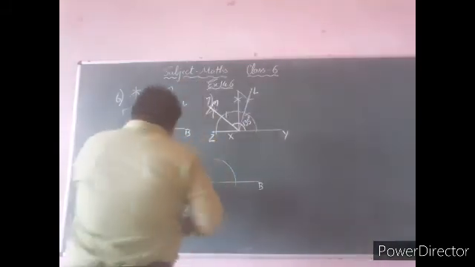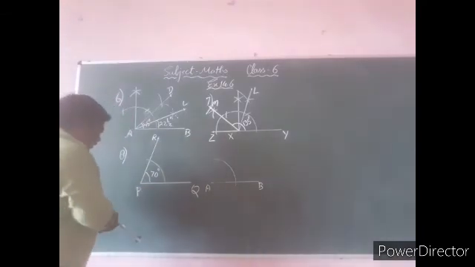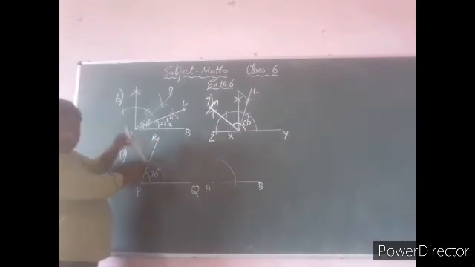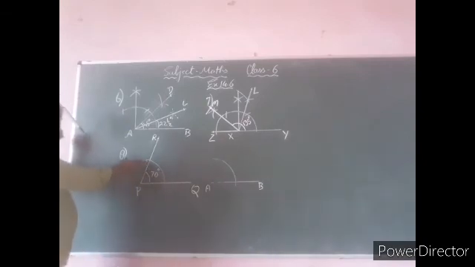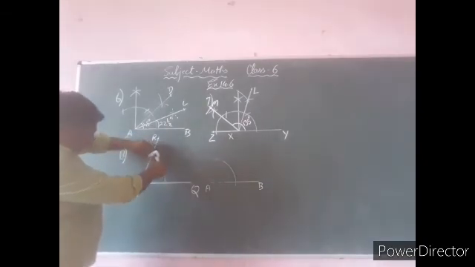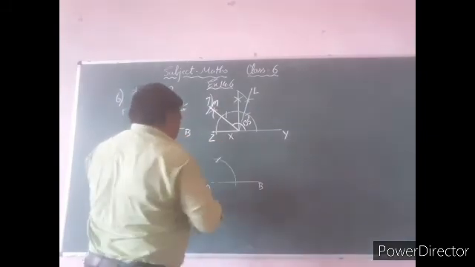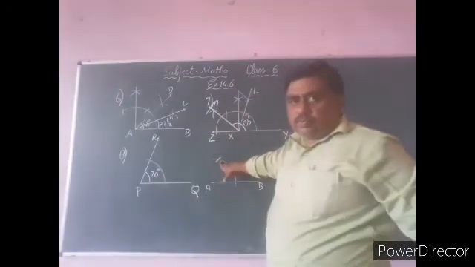Take the length of this, put the pointer of the compass here and pencil on the other point here. So in this way, and put the pointer here and mark the arc.